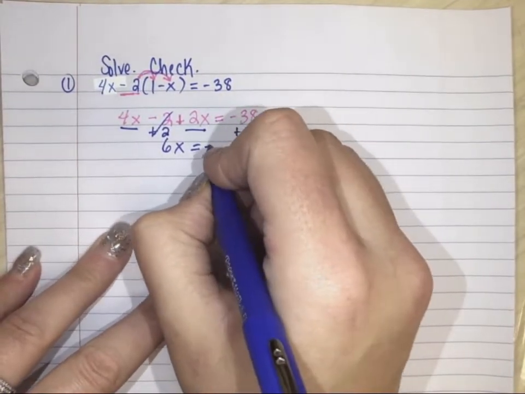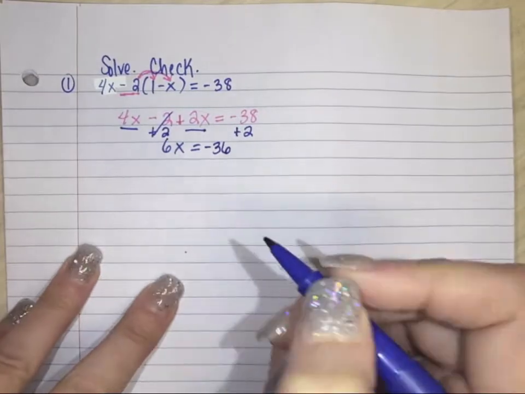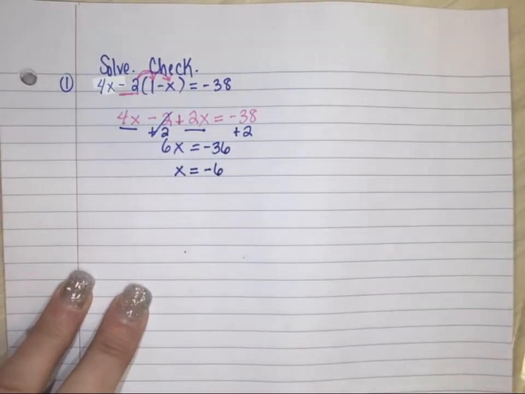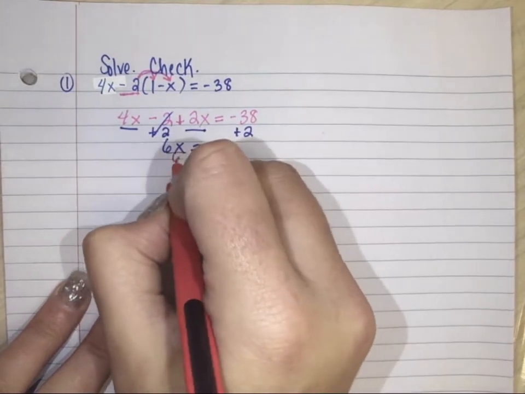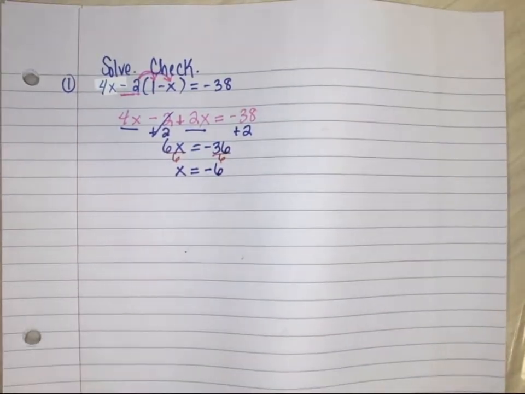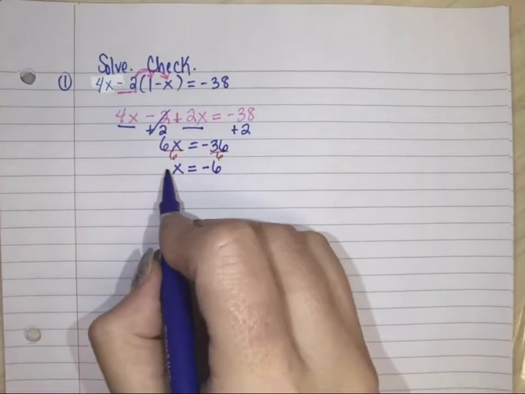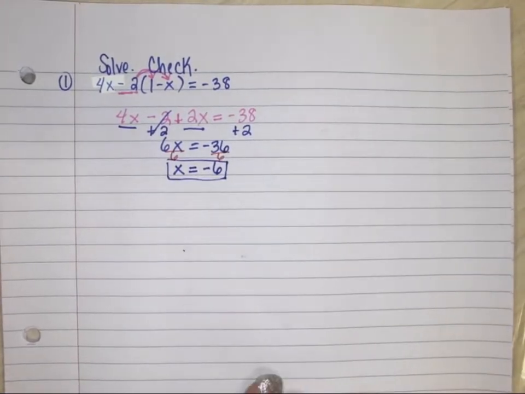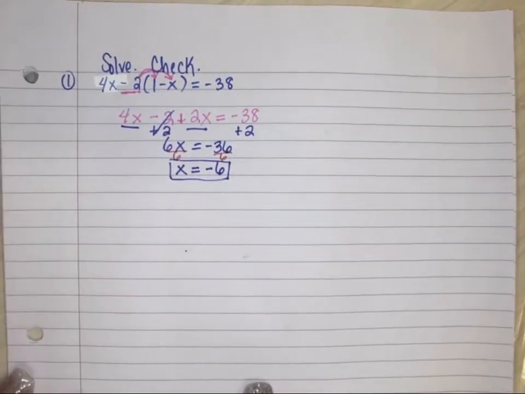Negative 38 plus 2 makes negative 36. And then x equals negative 6 when, of course, you divide by 6. Okay, so that solution came out nice and pretty, no tricks, nothing surprising.